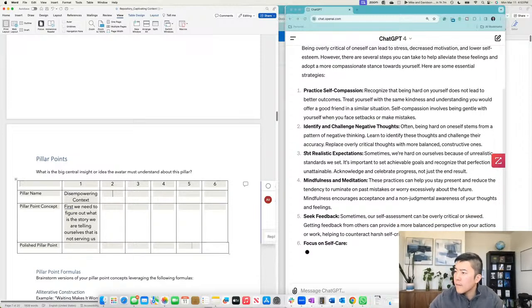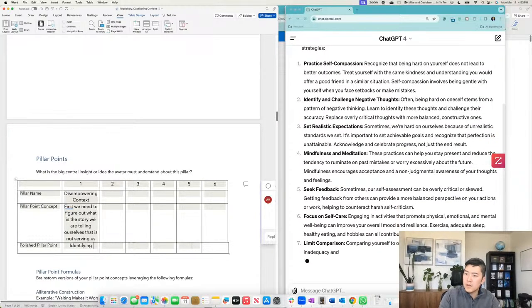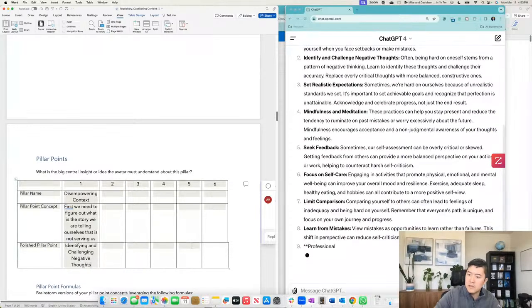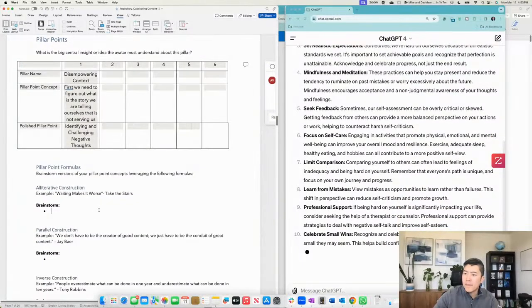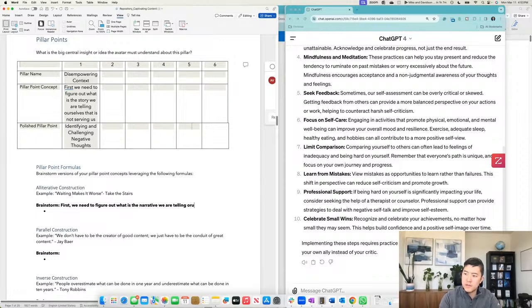Okay. So it could be identifying and challenging negative thoughts. Brainstorm. Okay, so the brainstorm could be we need to figure out what is the narrative we are telling ourselves.